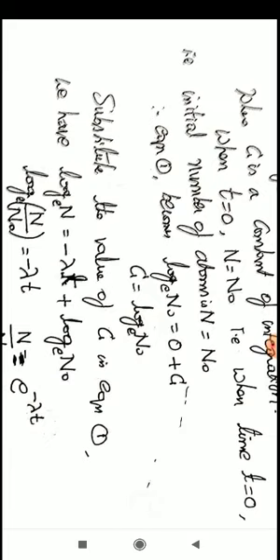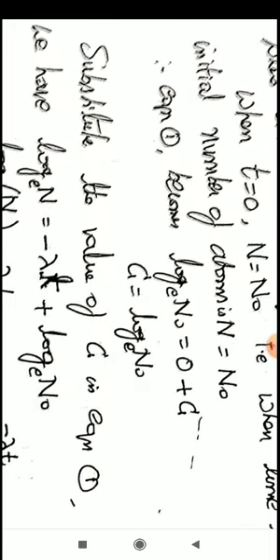Substitute the value of c in equation 1, then it can be written as log n is equal to minus lambda t plus log n0 to the base e.